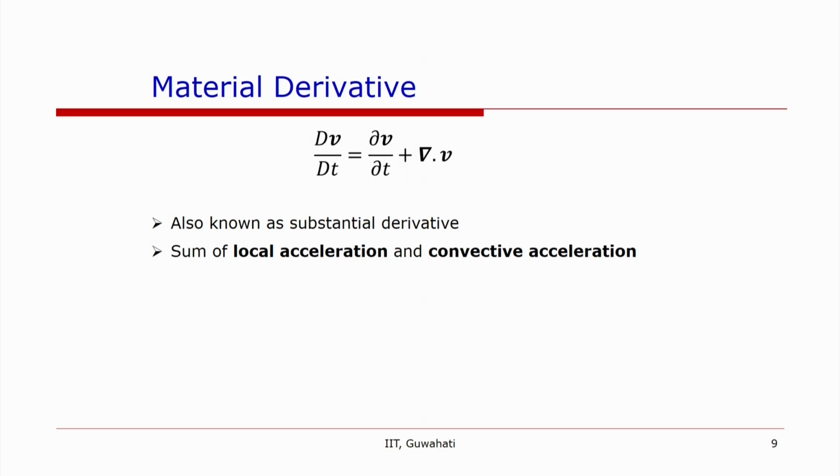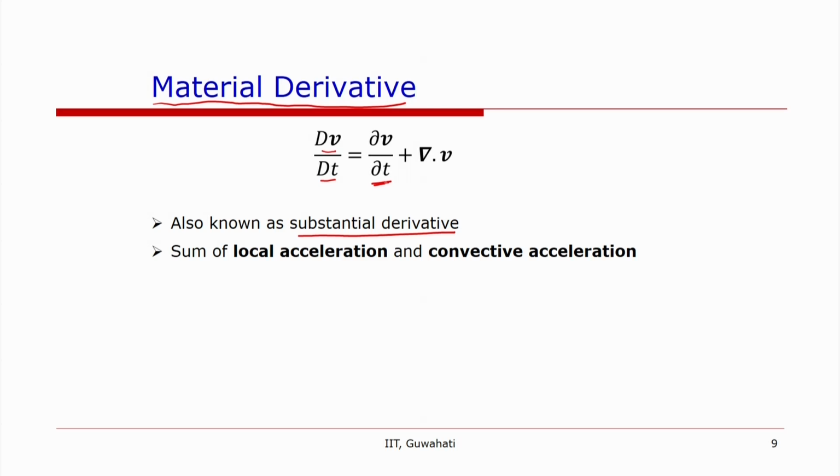Now before we go on to describe the momentum conservation equation, I would like to bring your attention to this term, what is called the material derivative, also known as the substantial derivative. That has two terms in it. The D V over D t, capital D over D t, is known as the material derivative or substantial derivative.